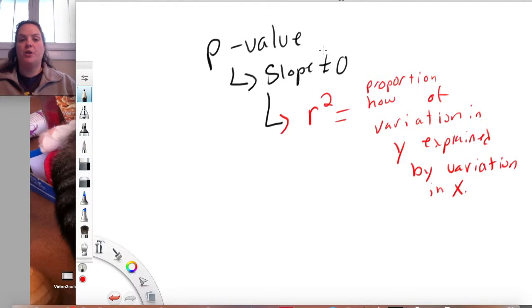So first thing we want to do is look at the p-value to see if slope is even different than 0, and then we want to look at the r-squared if we have a significant test.